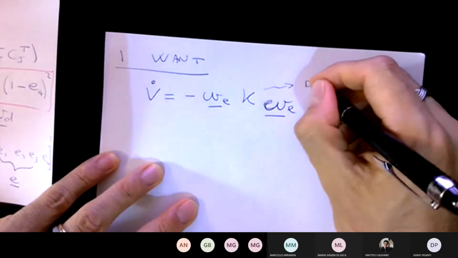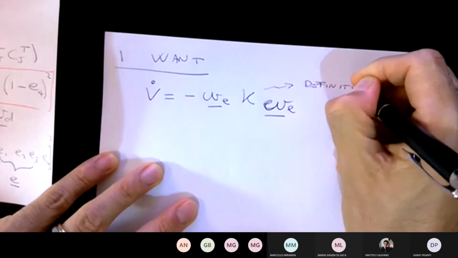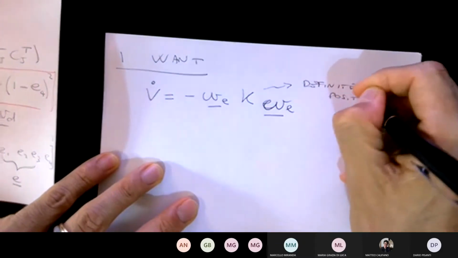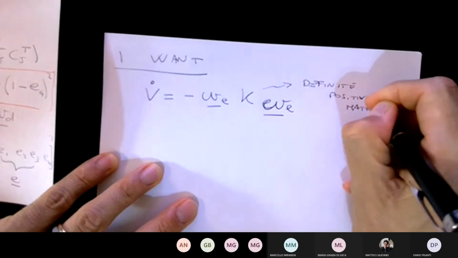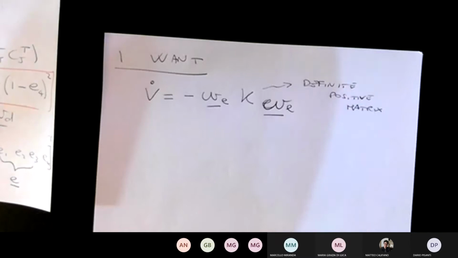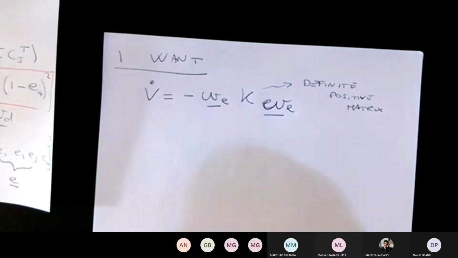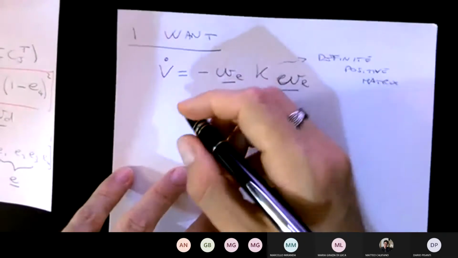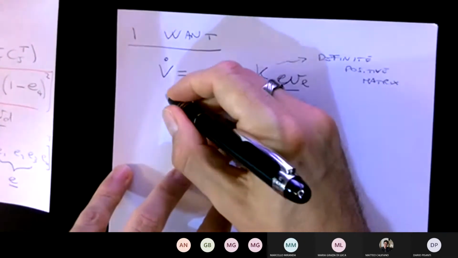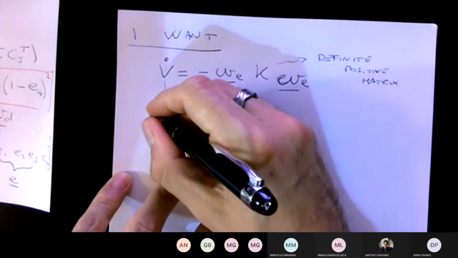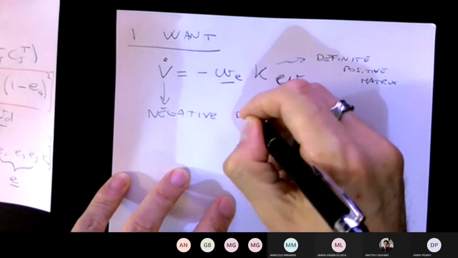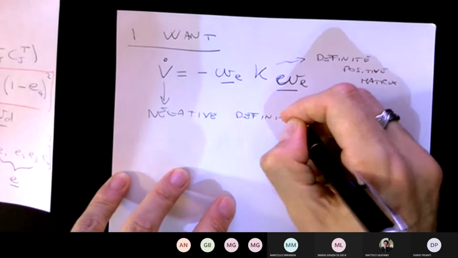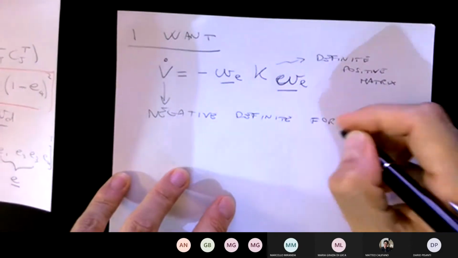And this is a definite positive matrix. So with the minus in front, this is giving me a negative scalar. So this is definitely negative definite for omega e.